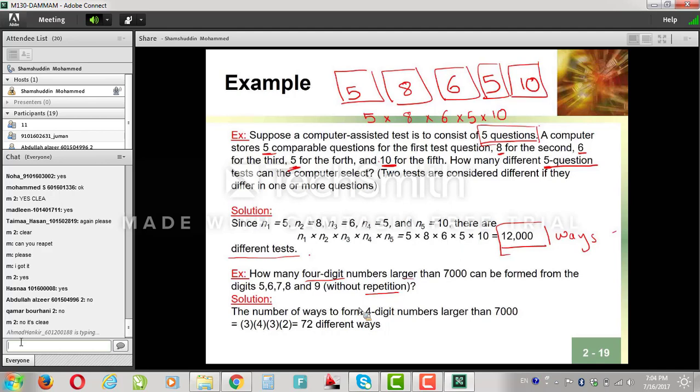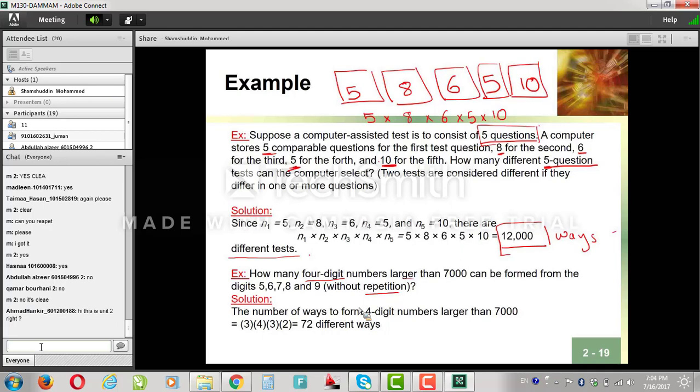Now pay attention to this question very well, because usually there must be a question similar to this. Clear? Okay, good.